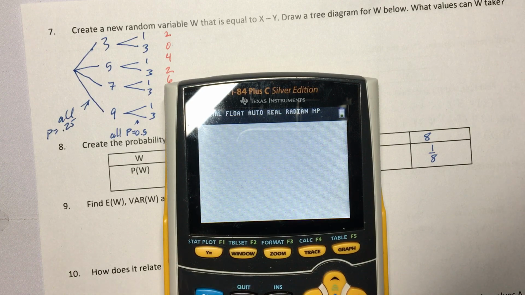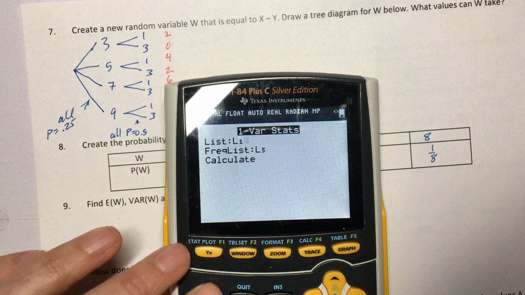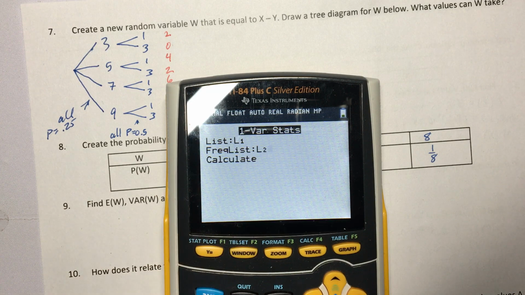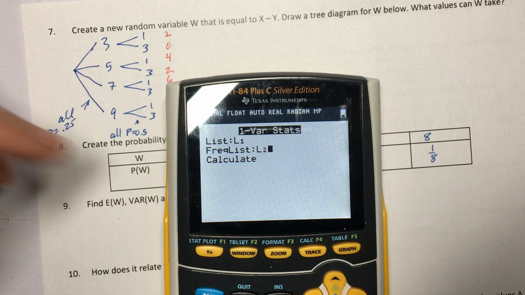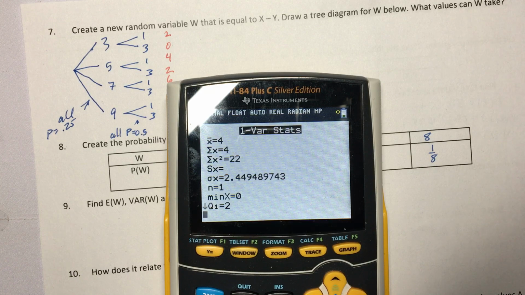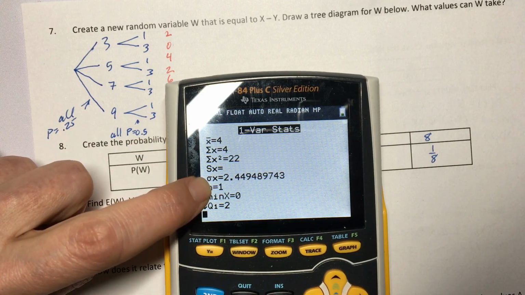I can do a one var stats, so stat calc 1 var stats, and I can put list 1 is my list, and then frequency list is list 2. You can do this with actual frequencies, like how often each of those things happened, or you can put probabilities into that list too. And then I hit calculate, and it gives me my mean of 4 and a standard deviation of 2.449.